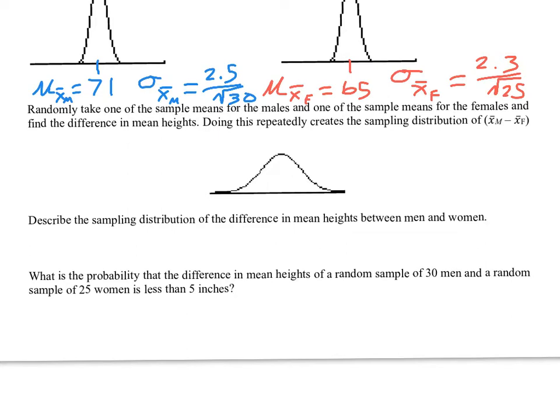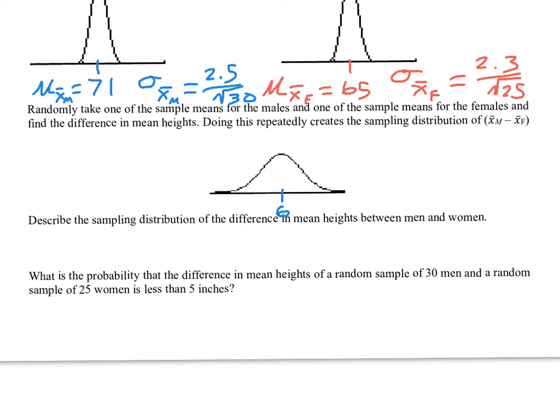The average difference will just be the difference of the averages. So if the men average 71 and the women average 65, then the average difference will be 6.